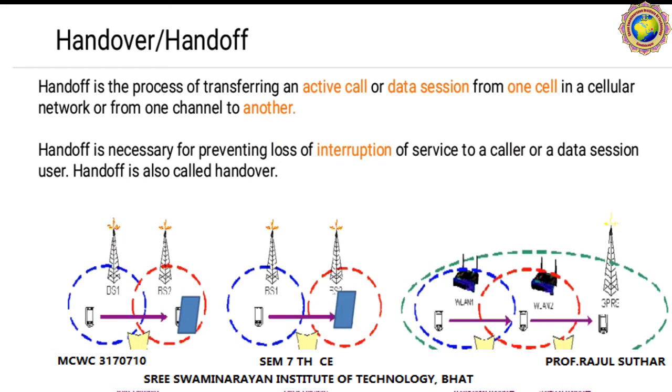Then horizontal handoff covers the case where you use a wireless area and your call is moving from one wireless LAN to another wireless LAN, and again from a wireless LAN to the base station controller. So that is called horizontal and vertical handoff.